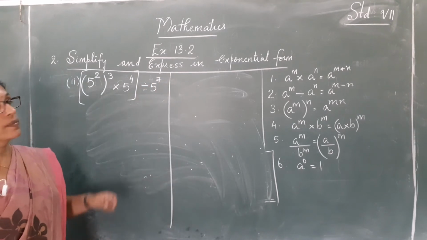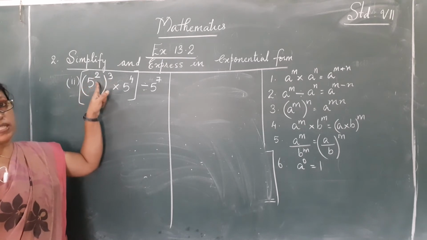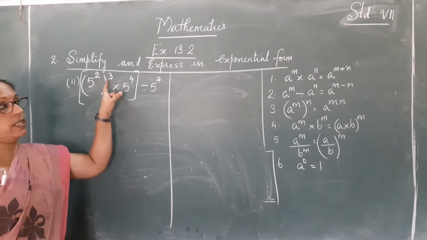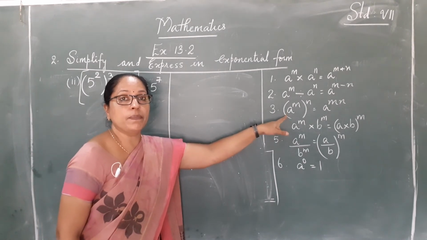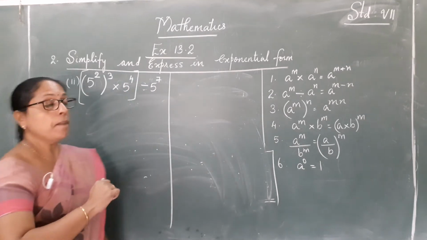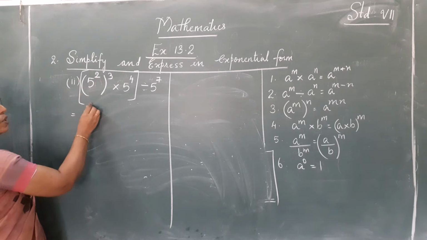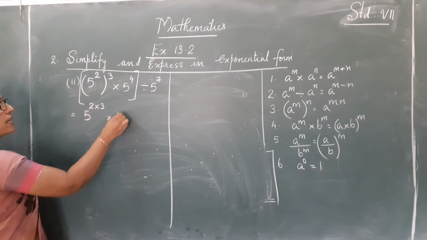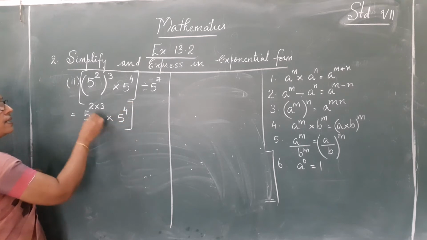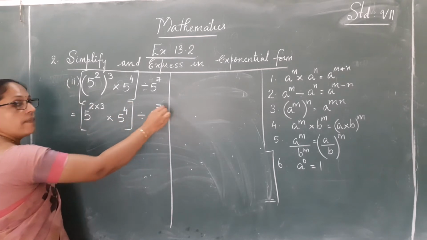Now look here. First look at inside the bracket. Double powers, power of a power. So third law. When power of a power comes, we have to multiply the powers. So what does it become? 5 raised to 2 into 3, into 5 raised to 4, bracket, divided by 5 raised to 7.